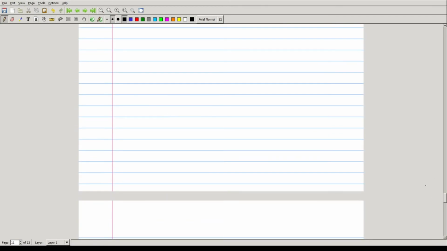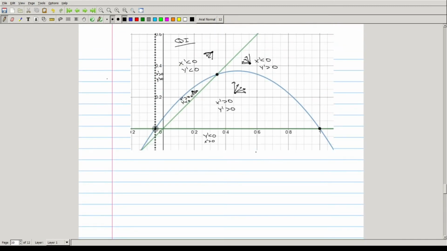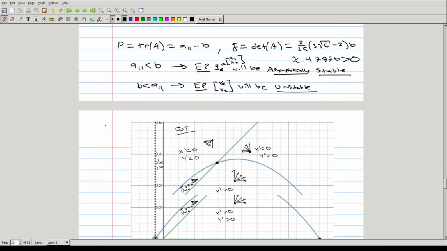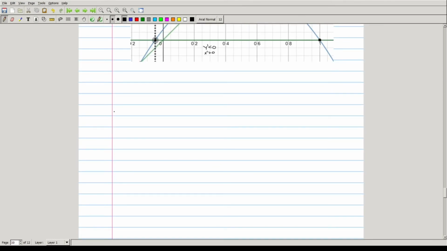So let's go through and look at the solutions. We'll look at the specific solution for b equal to 0.3, which means that it's greater than a11.